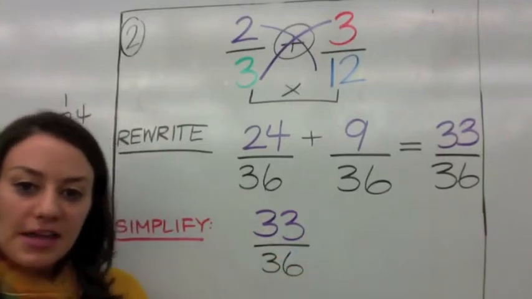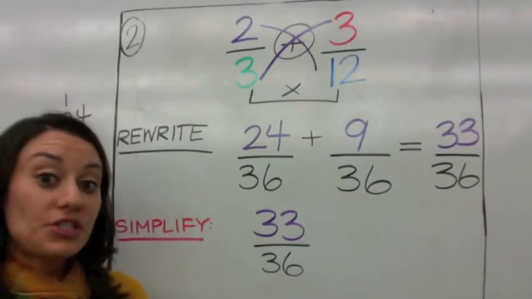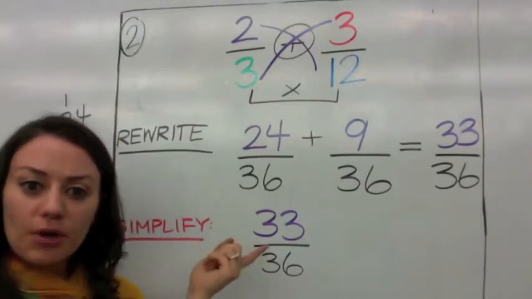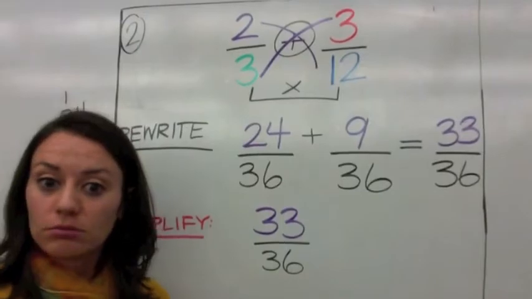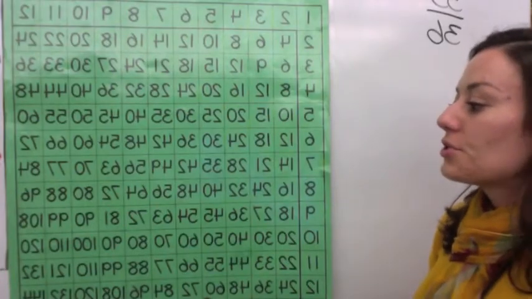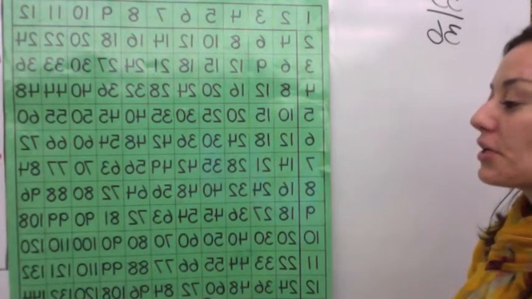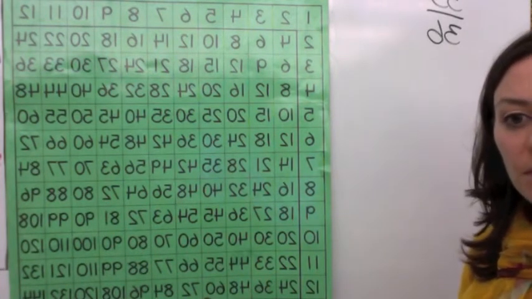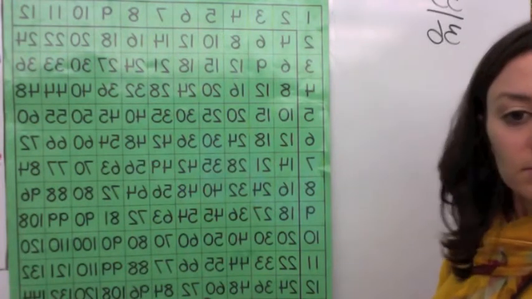Can you simplify this fraction? What do you think you're going to divide by? You're going to divide the numerator and the denominator by what? Let's look on the multiplication chart. Where do you see 33 over 36? Which column? 33 over 36.